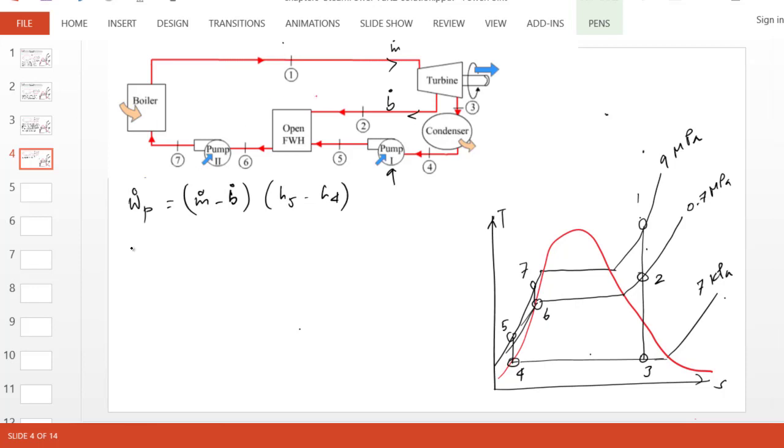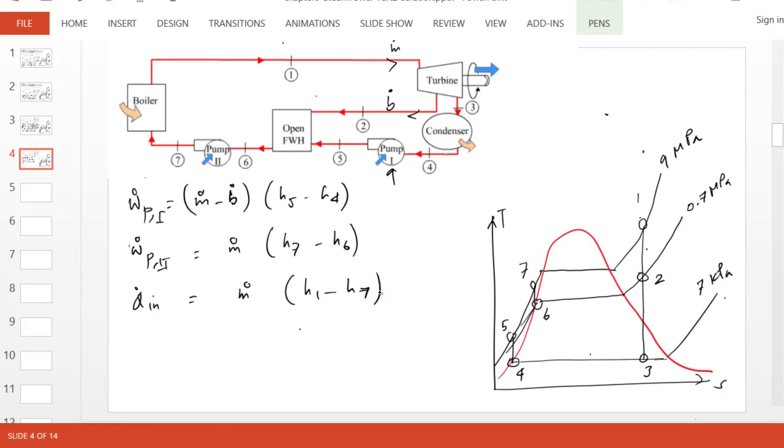And the pump 2, so let's call it pump 1, w dot pump 2. Pump 2 handles m dot, on the other hand, (h7 minus h6). And the boiler, q dot in happens here, m dot (h1 minus h7).